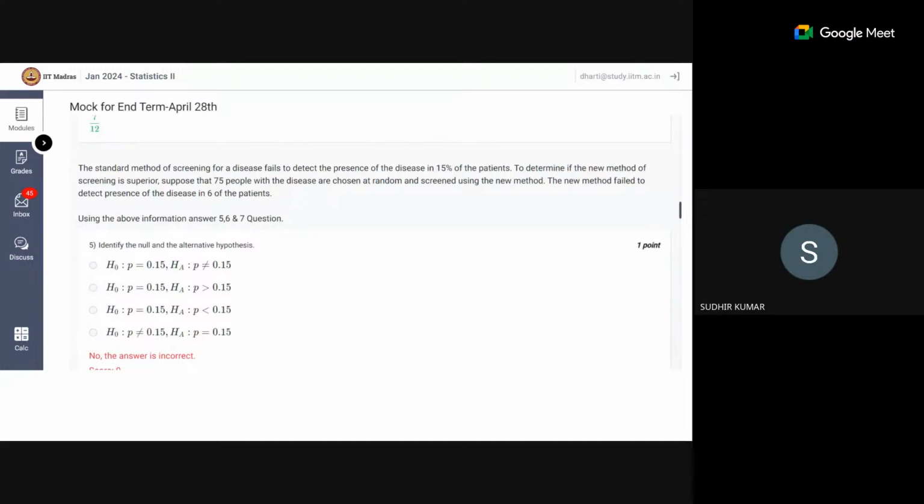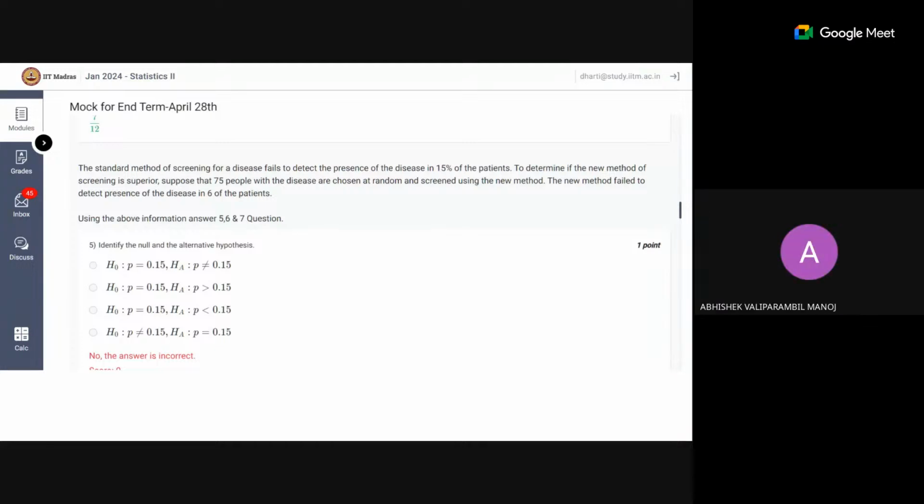Ma'am, this is the probability of how much the machine is failing. Yeah, okay. So what should be our hypothesis there? That is the question, right? The percentage of the presence of disease, ma'am. That is P equal to 0.15.